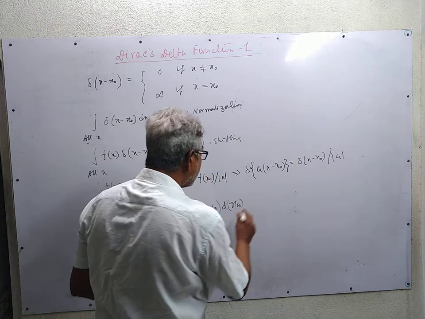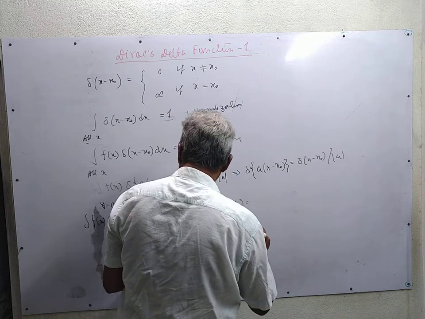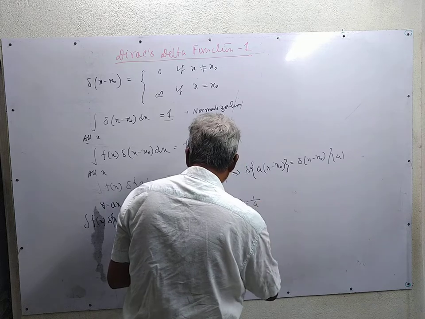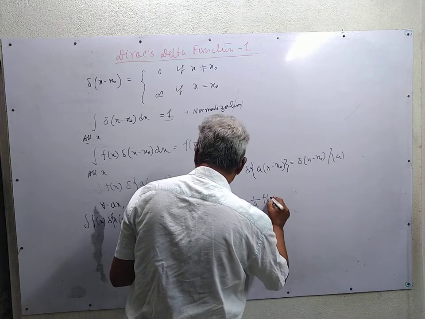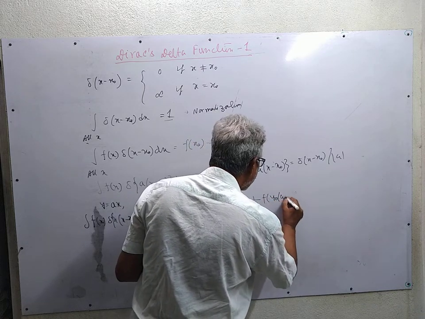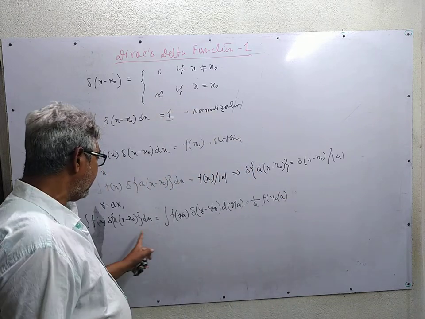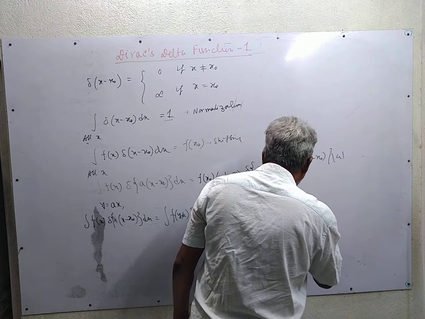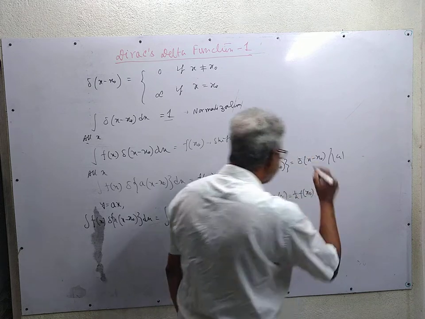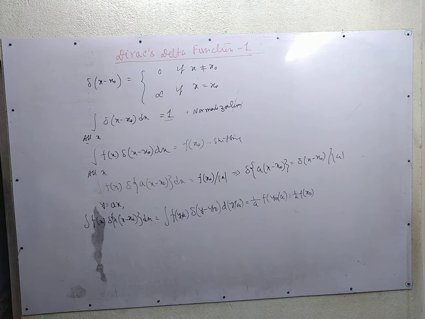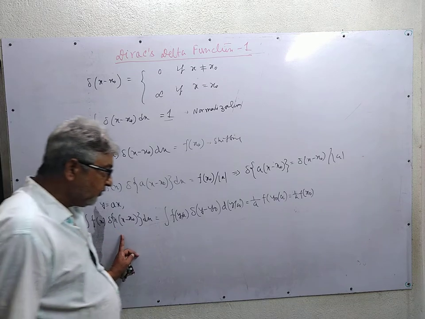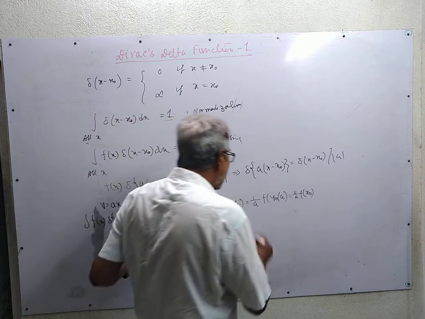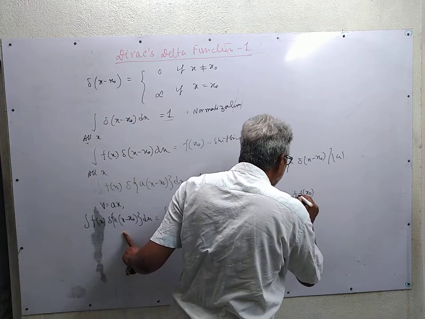If we take 1/a out, this is 1/a times f(y0/a). f(y0/a) is f(x0), so this is 1/a times f(x0). Now it will be shown that the delta function is an even function, so this is valid for positive as well as negative values of a, so we put a modulus sign over it.